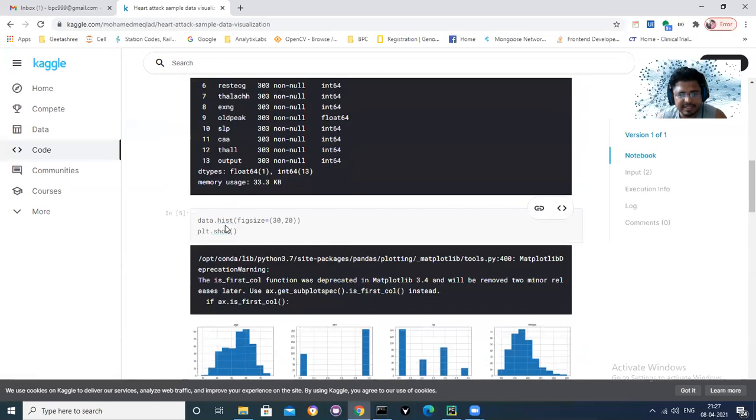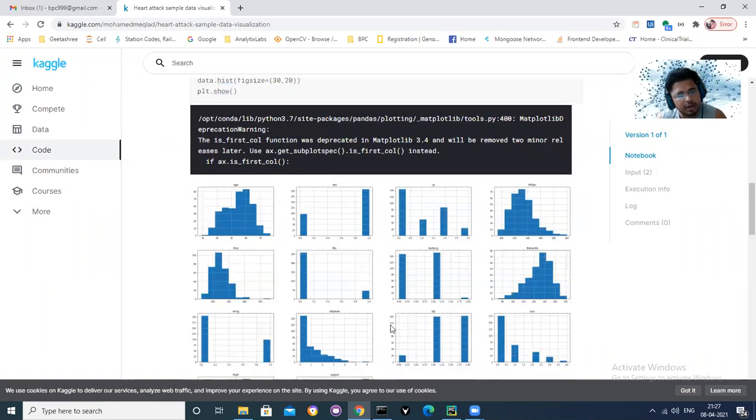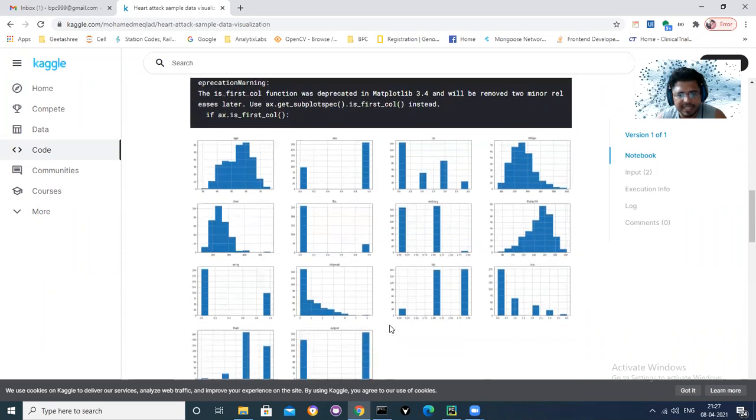Then next I will do a histogram of all the columns. You remember we read about different types of data: continuous data, discrete data. What kind of histogram is for discrete data, right? Sorry? Histogram is for discrete data.